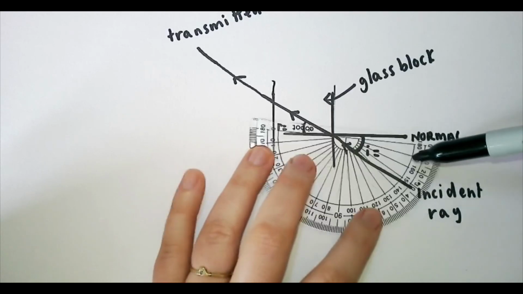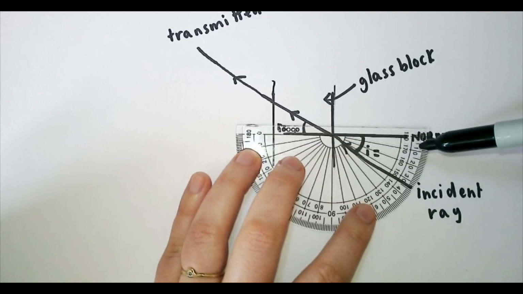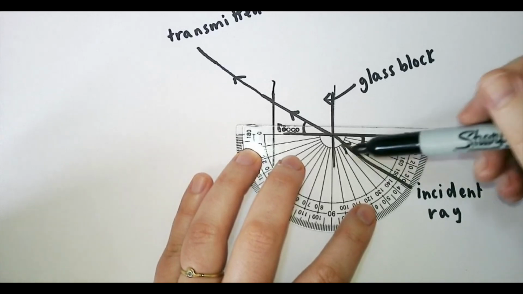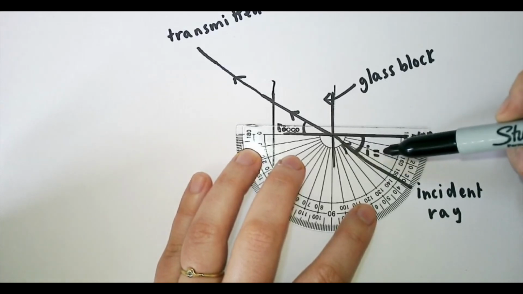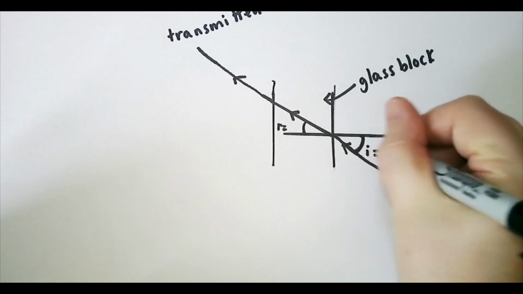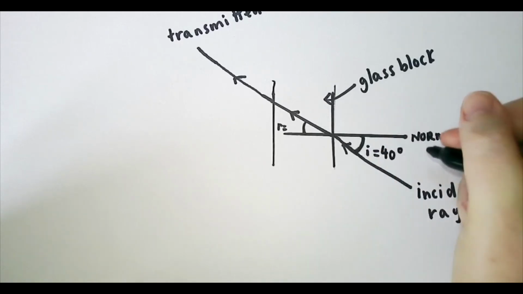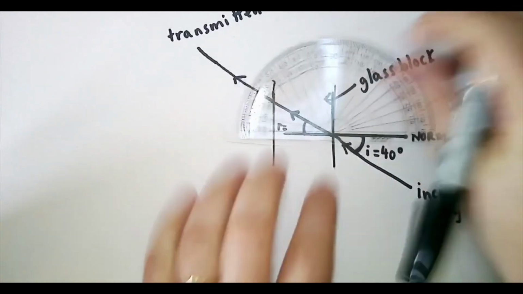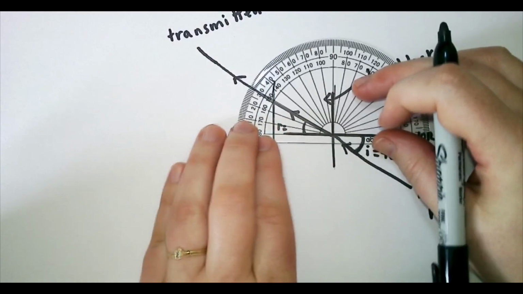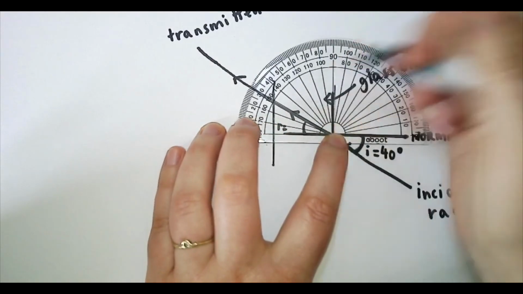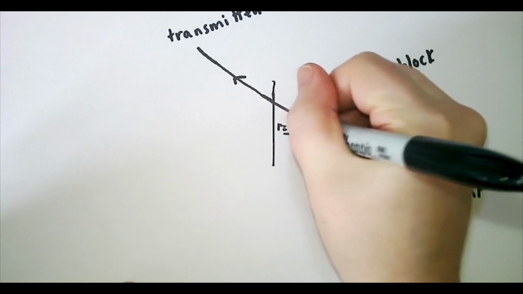So, angle of incidence is roughly about 40 degrees, and our angle of refraction is 30 degrees.